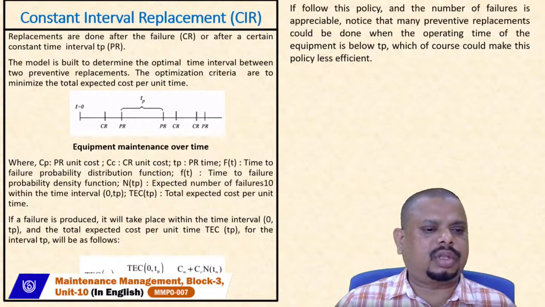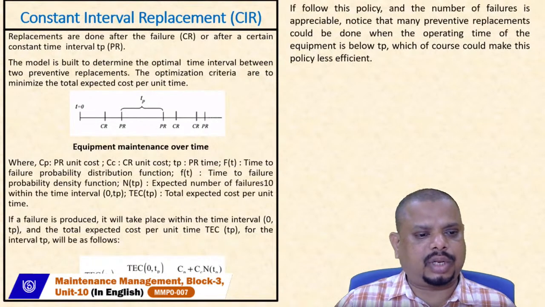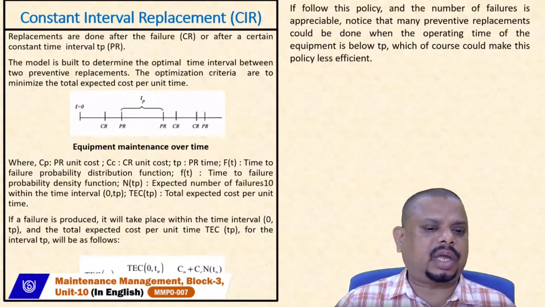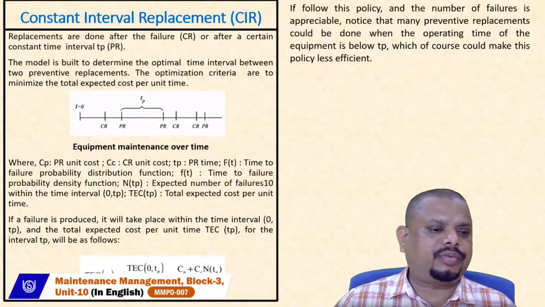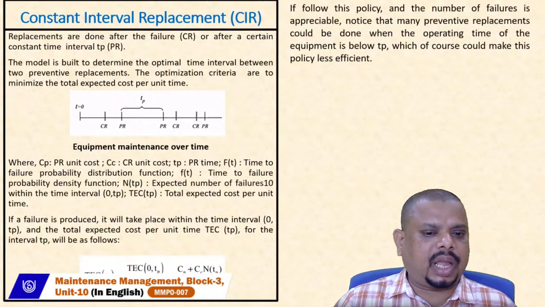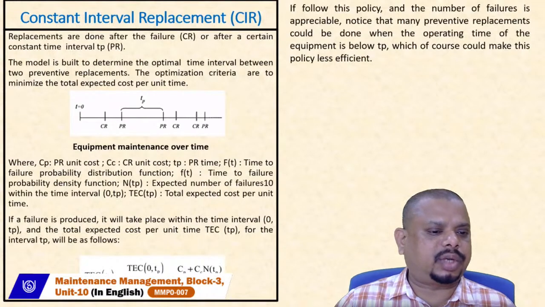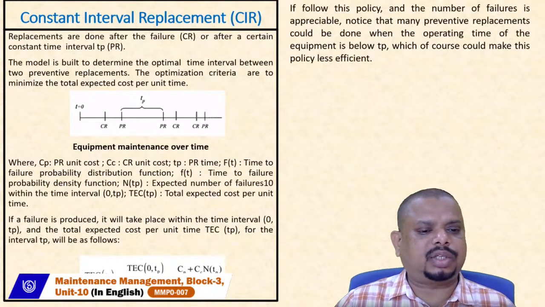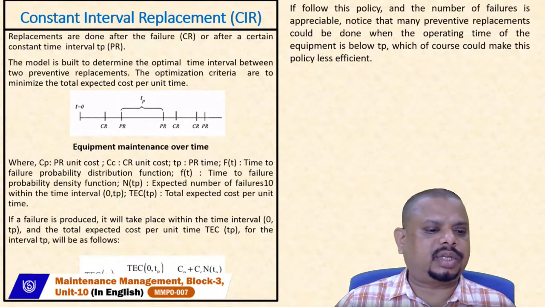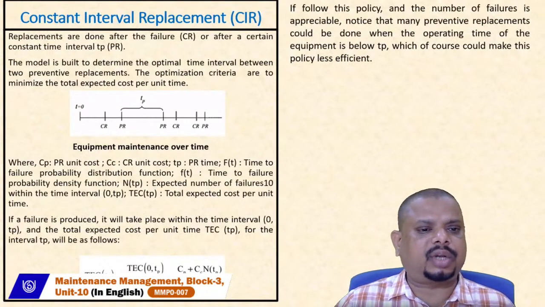If you go into the details of this model, CP is the PR unit cost and CC is the CR unit cost, TP is the PR time, and f(t) is the time to failure probability distribution. Again, there is the time to failure probability density function, and N of TP, the expected number of failures within the time interval 0 to TP, and TC(TP), the total expected cost per unit time, is given.